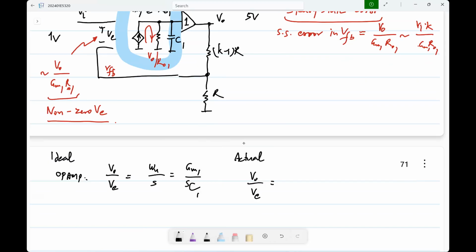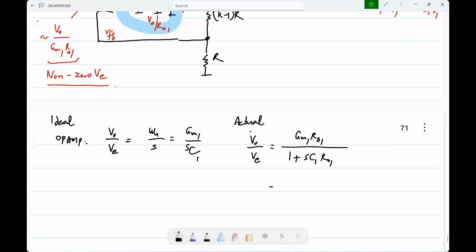It is basically the current GM1 times VE flowing through the parallel combination of C1 and RO1. It can be written in many ways.